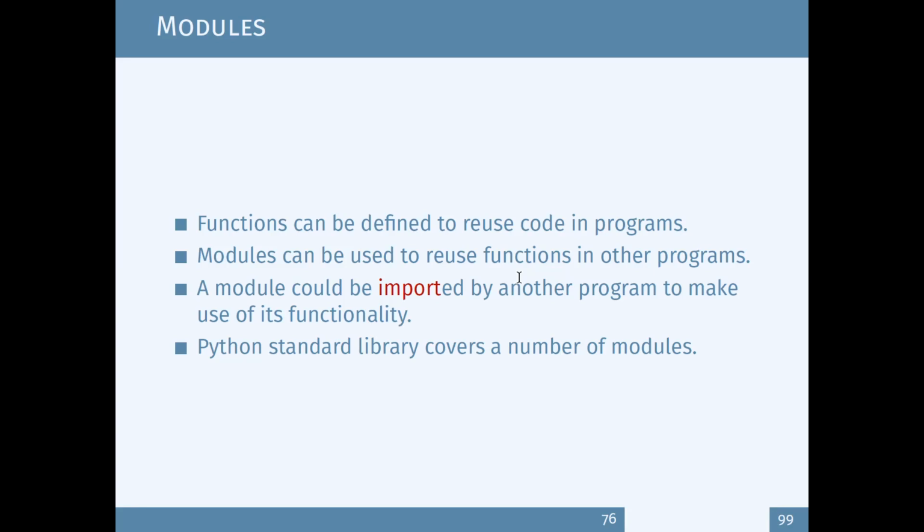For example, we can create a module called temperature module, where we create several functions to work with temperature values. Whenever you need the functionality of the module, you can import it. The word import is a keyword we use in Python.